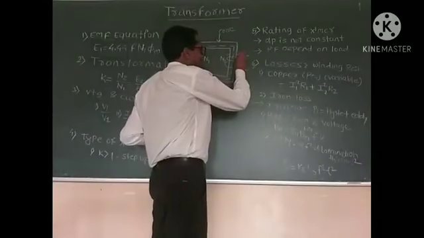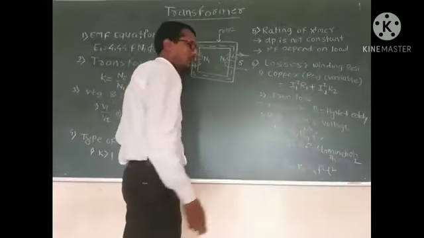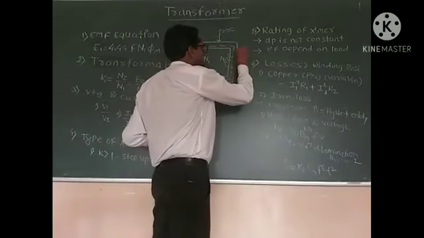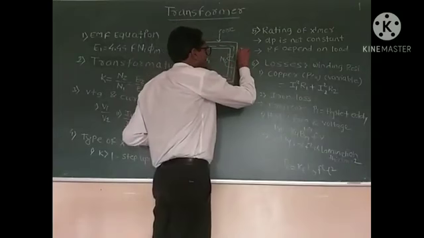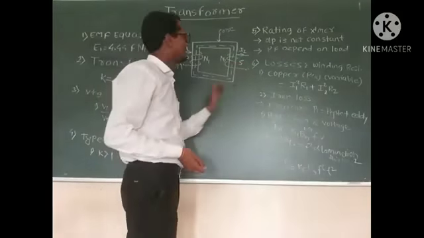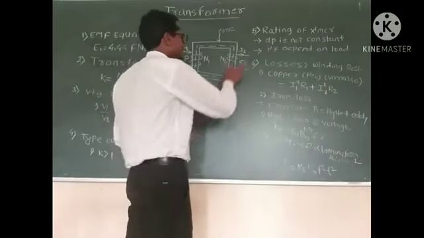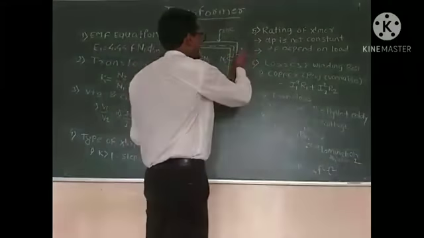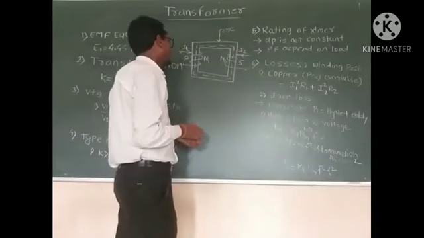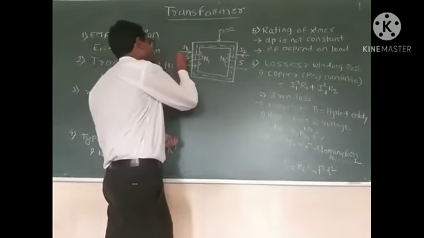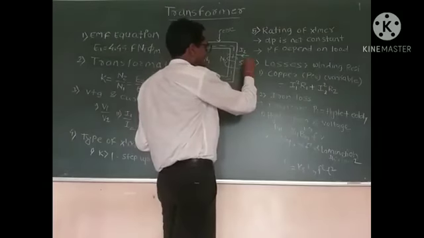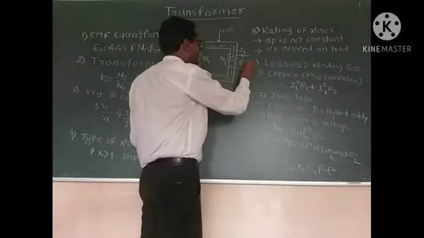The current which flows through the load, the secondary current flowing from the load side, is I2. Here the supply is V1 and the terminal voltage across the load is V2.